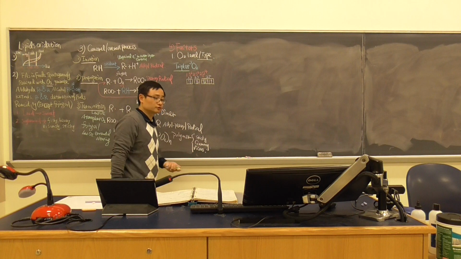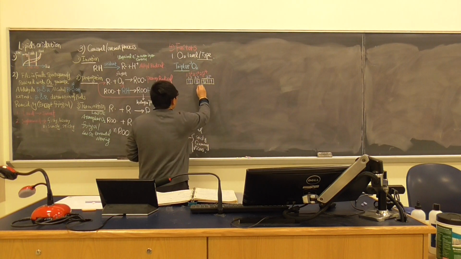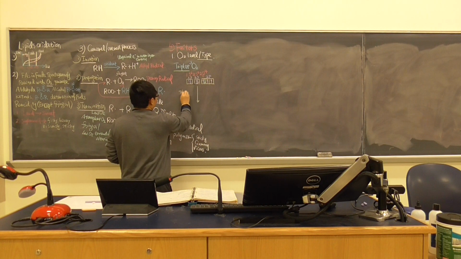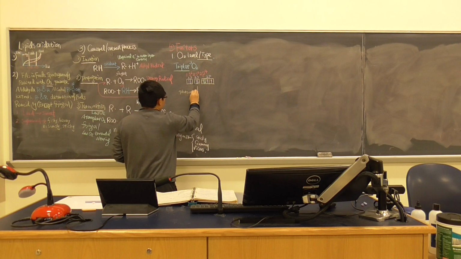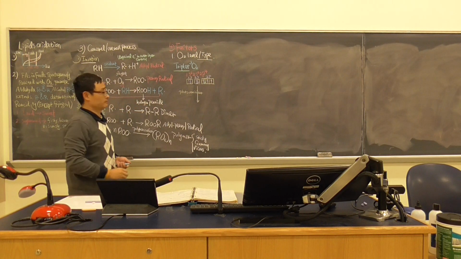Now what happens in food products? In food products, you more or less have some chemical called a photosensitizer.